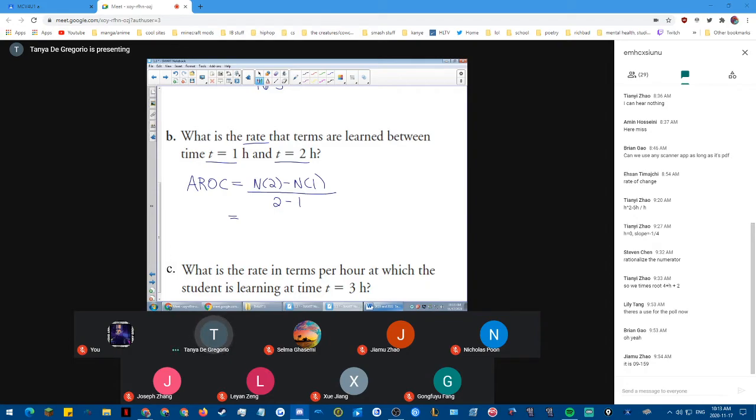So N(2). My function was 64t minus t cubed. And then minus N(1). So N(1), guys, if I sub in 1, very easy to see.